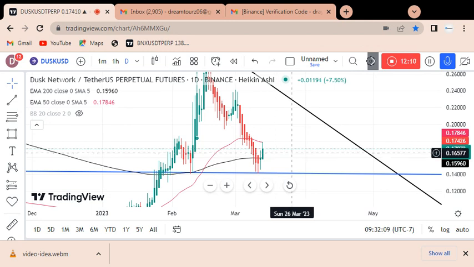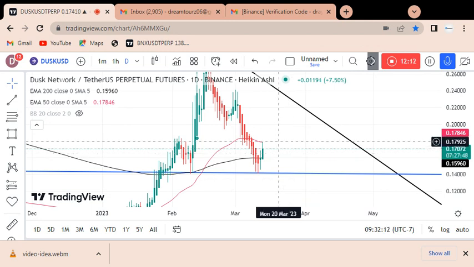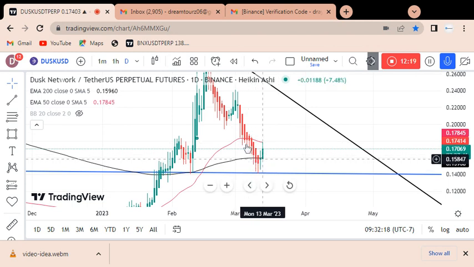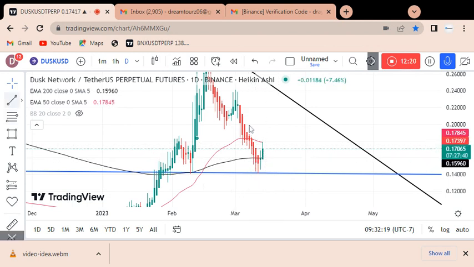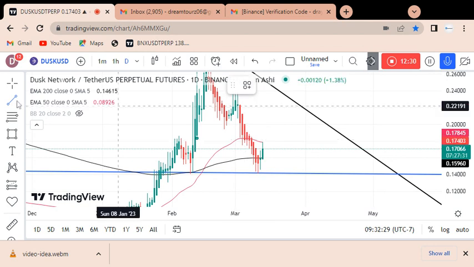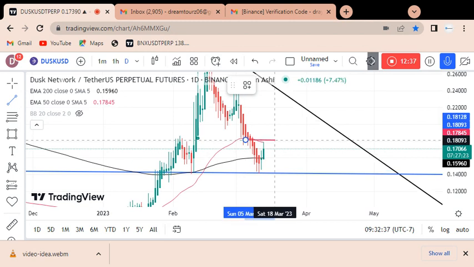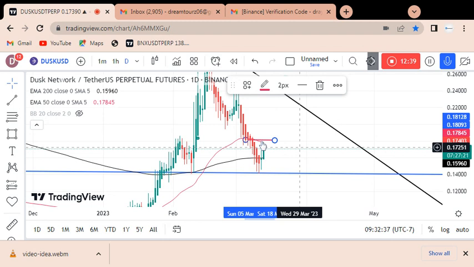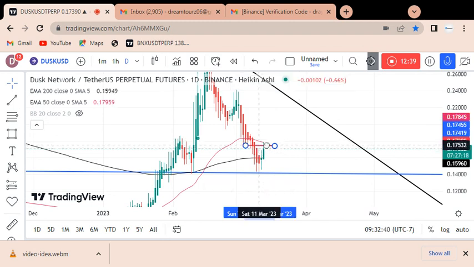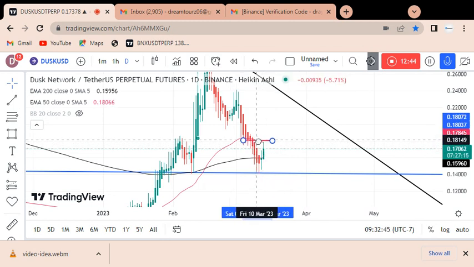So now, I'll have to draw another trend line, but I'll use a different color this time. I'll put the trend line in between these two lines, the 50 EMA and the 200 EMA. The 50 EMA, that's resistance.